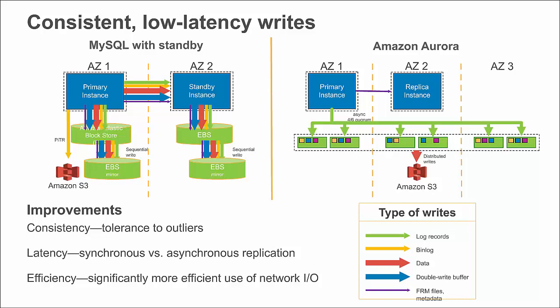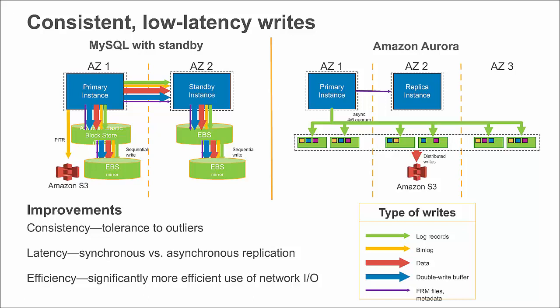So there's a lot happening in the storage nodes, and we don't push data blocks from the Aurora instance to the storage. All that we push is the logs, the log records. We batch the log records, and when there's enough volume to push through, we push them to the storage node.